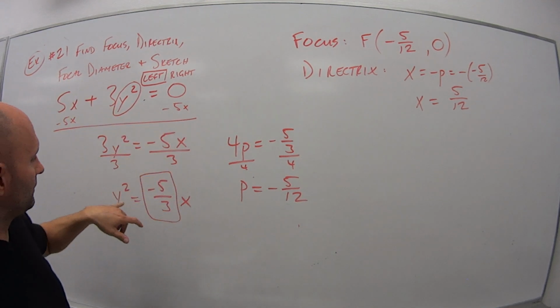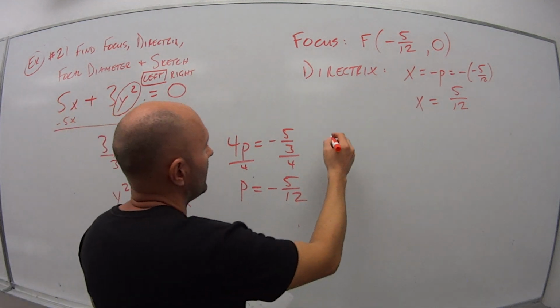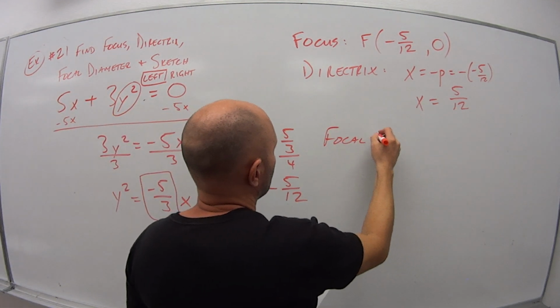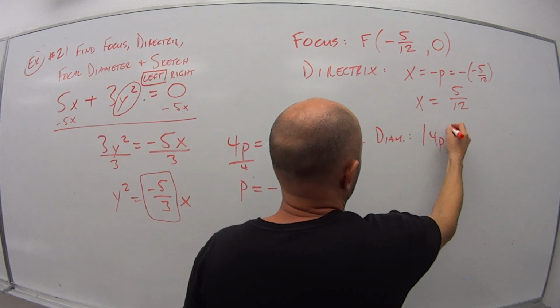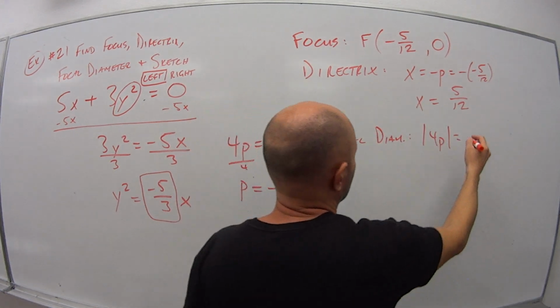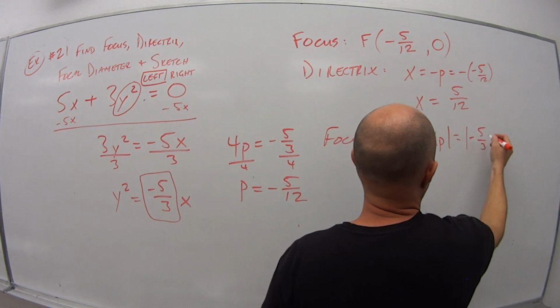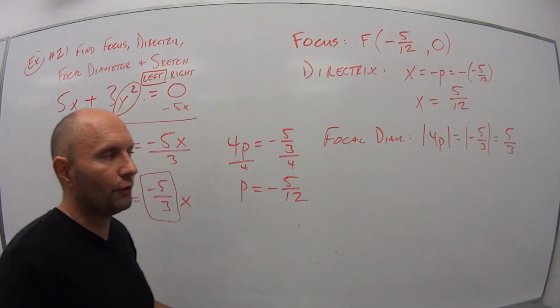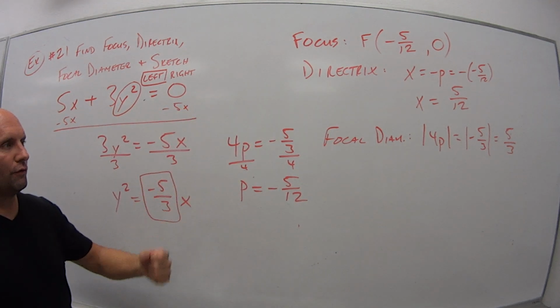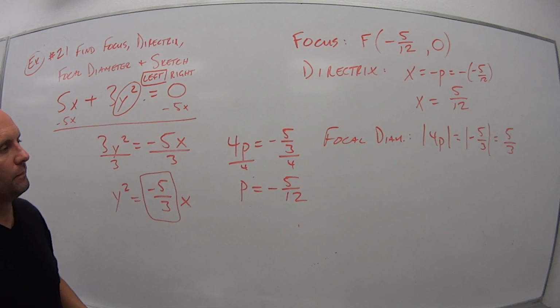Focal diameter, that's just the absolute value of 4p, and we know that 4p was minus 5/3. So our focal diameter is 5/3, or 1 2/3, a little bit over a unit wide.